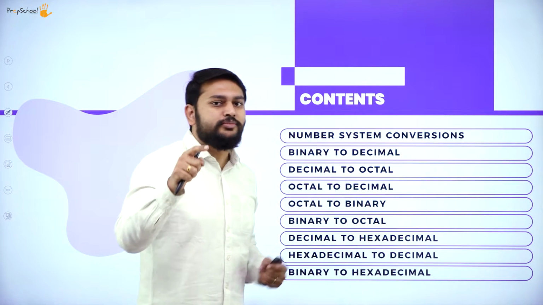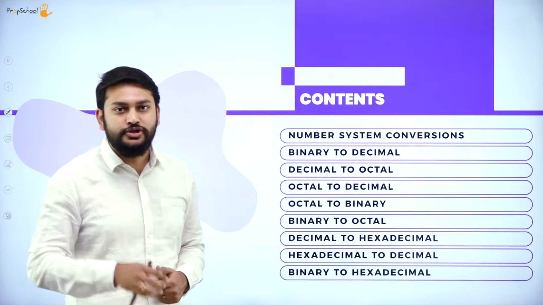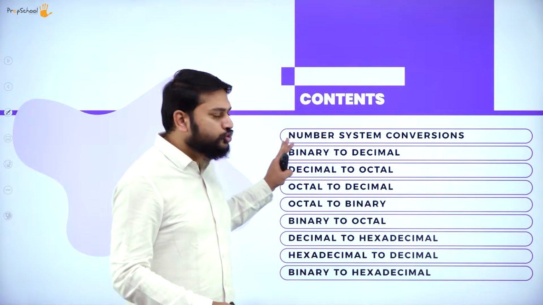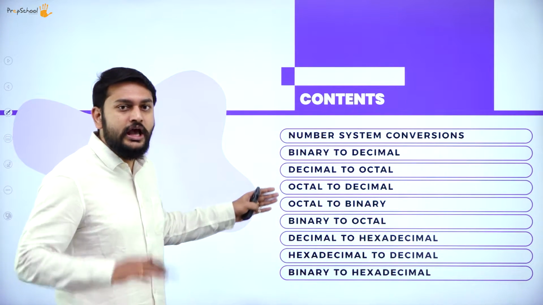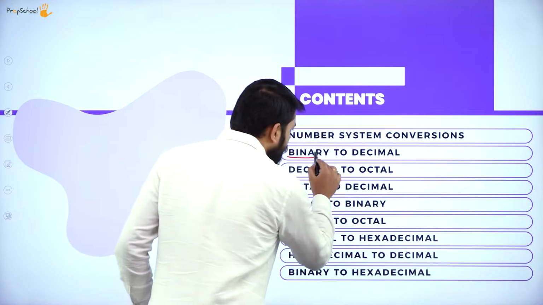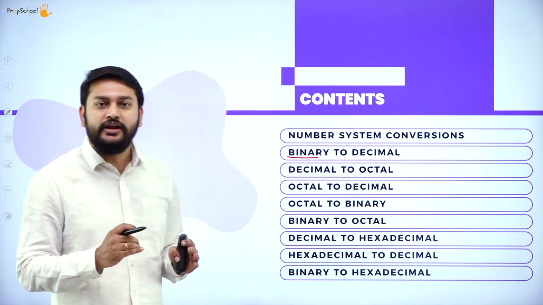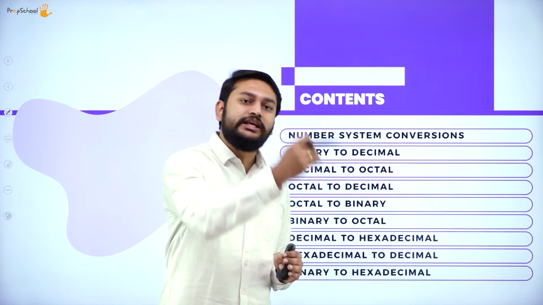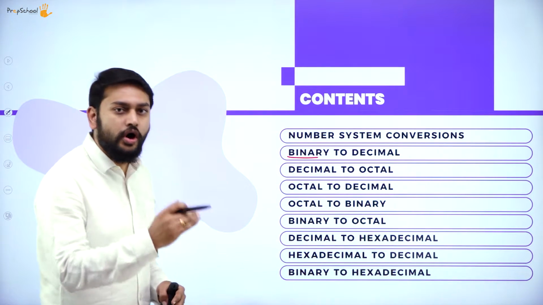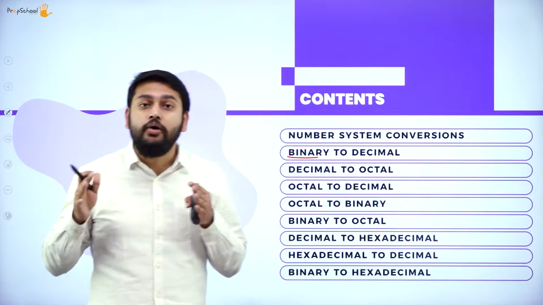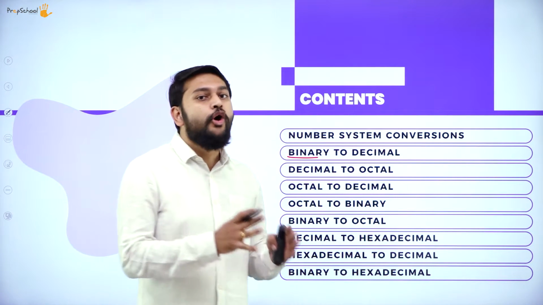Let's understand some of the conversions in today's session. I have listed out the different conversions here. The first one is binary to decimal: how exactly we convert a binary number to a decimal number. The second one is decimal to octal: I have a decimal number, how do I convert it to an octal number?